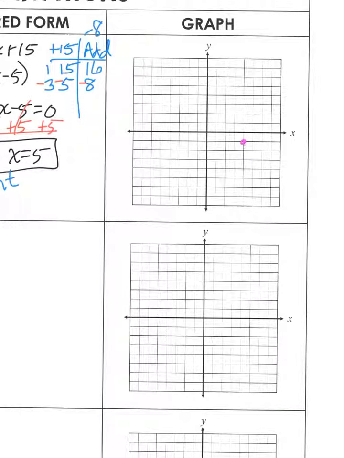So right here. And then my axis of symmetry is going through that vertex, and that is x equals 4. Then I'm going to plot my intercepts. So my intercepts are at 3 and 5.